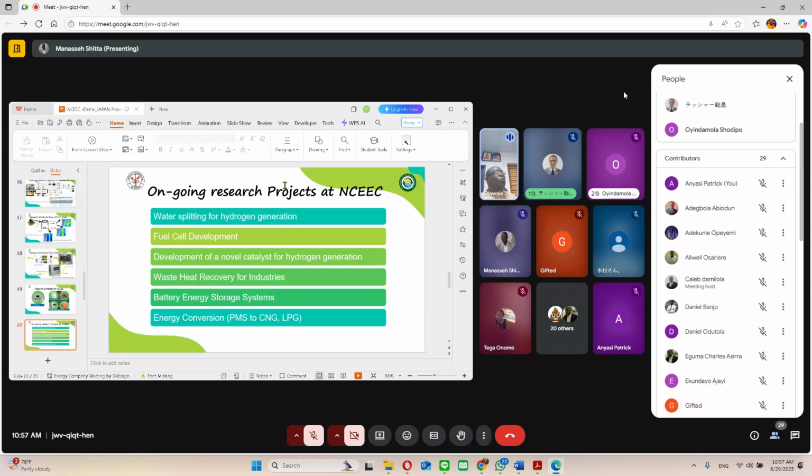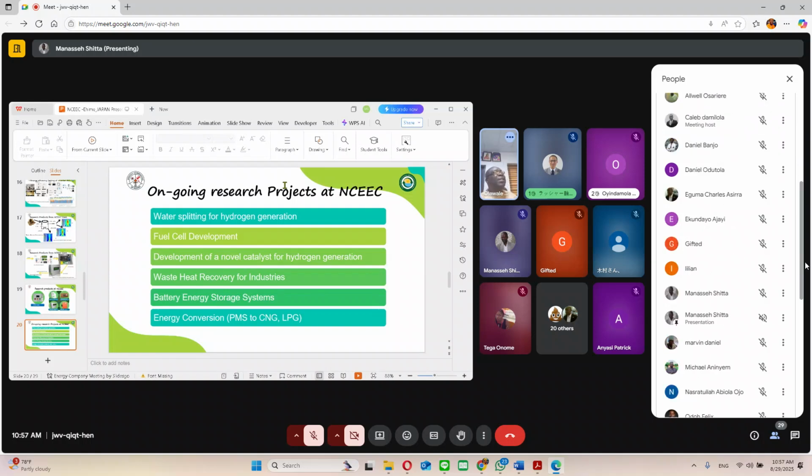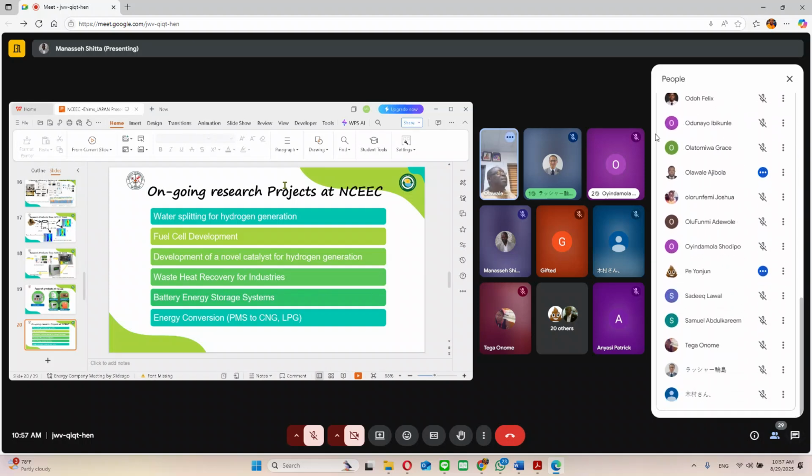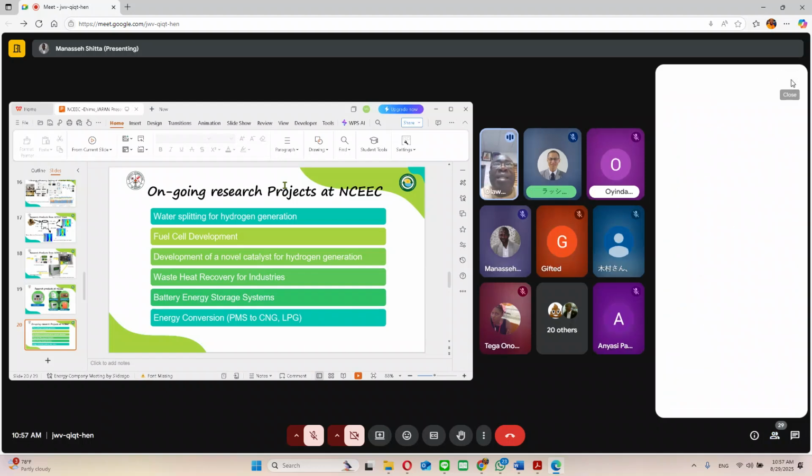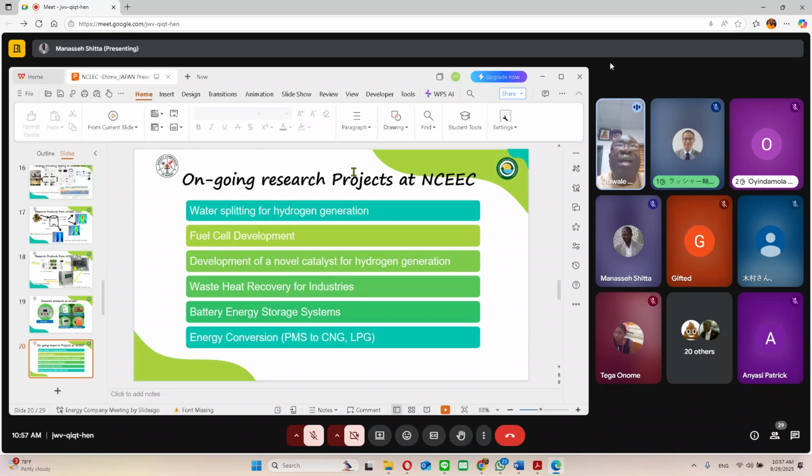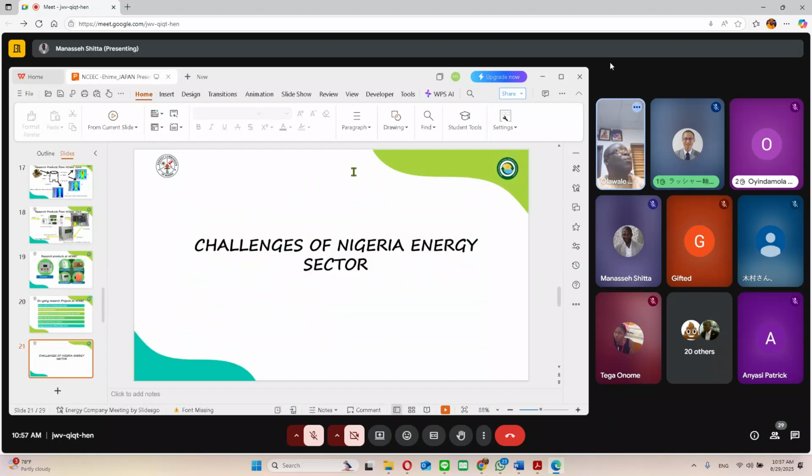Just like you will be aware, there are challenges in Nigeria's energy sector. Some of these challenges: grid instability. The supply of electricity in Nigeria is not perfect yet. With the human resources and the natural resources in Nigeria, we are working earnestly to make sure that things like that are things of the past.